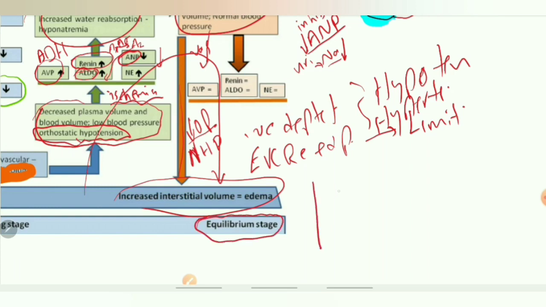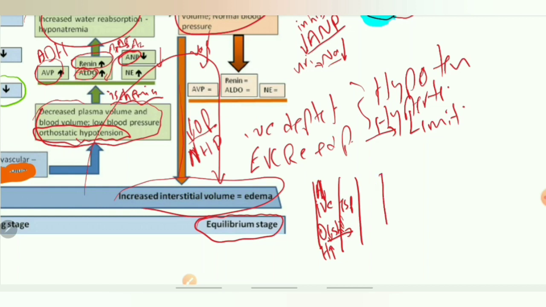That is to say, this is the intravascular compartment and this is the extra or interstitial space. Initially, the low albumin and low oncotic pressure and high hydrostatic pressure will shift the fluid to the interstitial space.